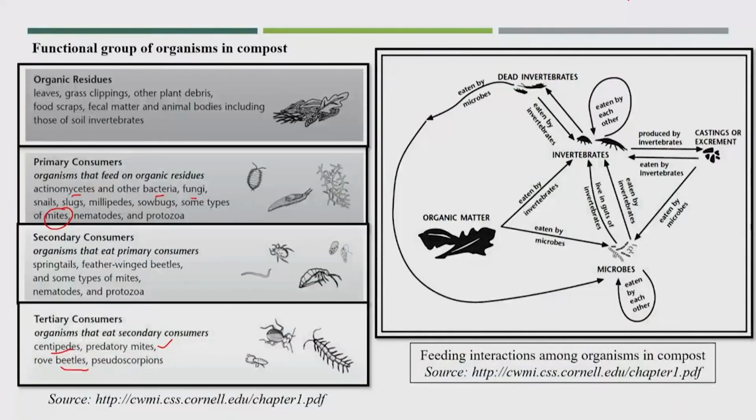Here it is the same thought. The organic matter is degraded by microbes, and there will also be some invertebrates, which I will talk about in the next slide.